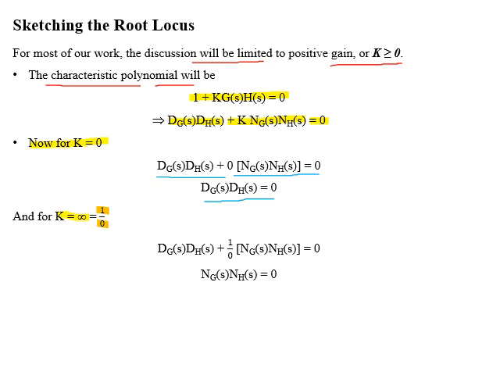Substituting 1 over 0 in the characteristic equation and solving, we get Ng of S into Nh of S equals 0, which means that at maximum gain, or at gain equal to infinity, the location of closed loop system poles will be equal to the location of open loop system zeros. So we can simply say that a root locus will start from finite or infinite open loop system poles and will end on finite or infinite open loop system zeros.